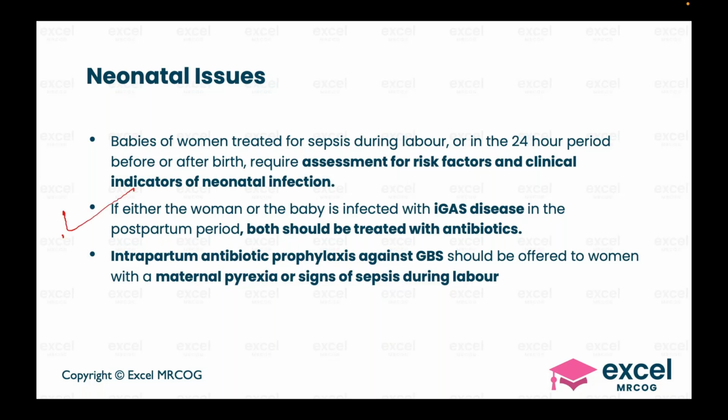Both should be treated. If mother has GAS, doesn't mean you observe the baby only. You need to treat the baby as well as the mother. If in the baby you find that there is GAS infection, you treat the mother as well. Okay. So intrapartum antibiotic prophylaxis for GBS, I repeat, in case of maternal pyrexia in labor has to be mentioned. Okay. So these are important points.